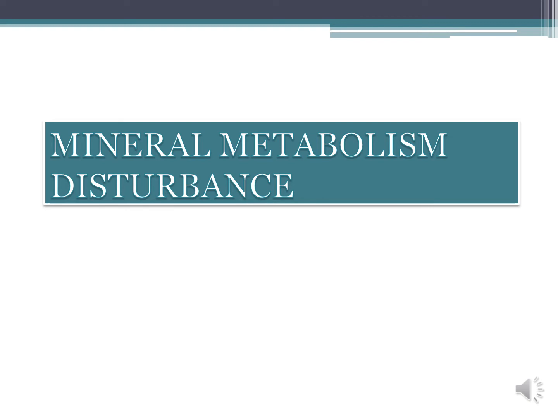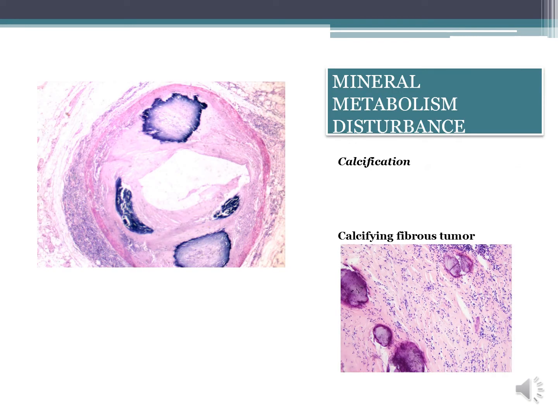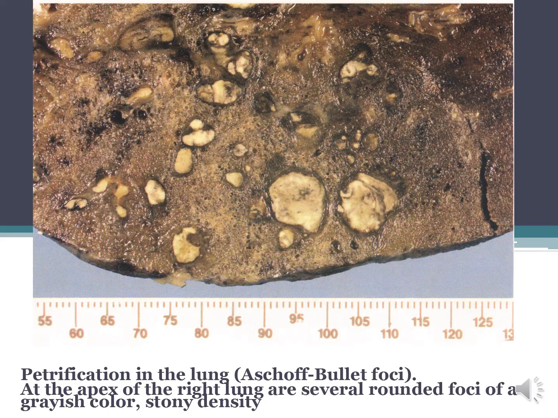Now we go to mineral metabolism disturbance. The first two examples we have already discussed are the results of dystrophic calcification. Here you see another example of dystrophic calcification.